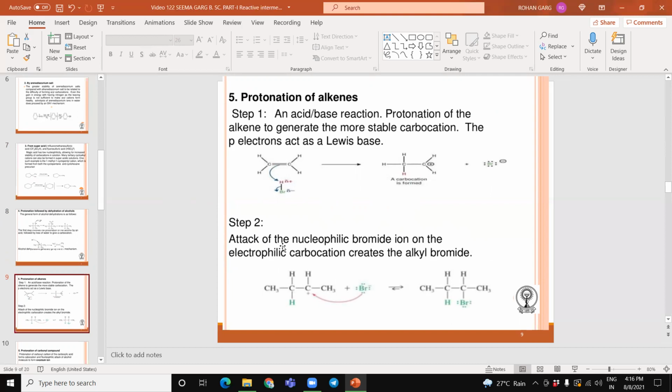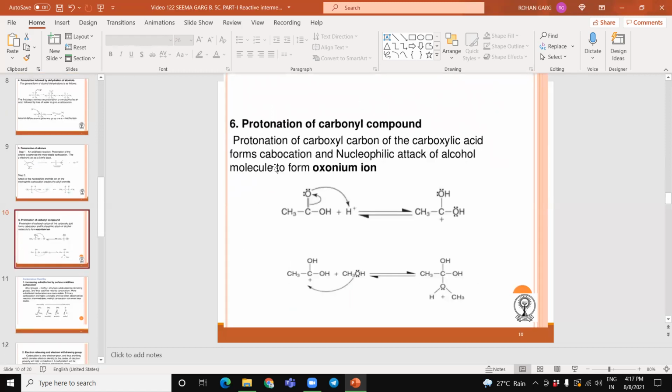And this again, when it reacts, will form alkyl bromide. Protonation of carbonyl compound. When protonation of the carbonyl of the carboxylic acid forms carbocation, nucleophilic attack of alcohol molecule forms oxonium ion. See here, it will form carbocation.